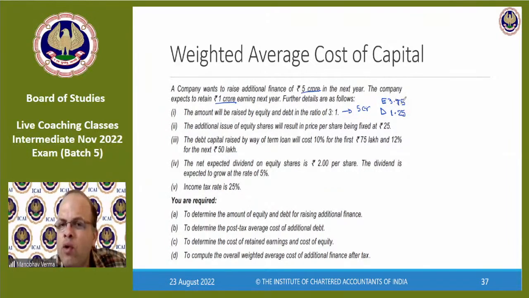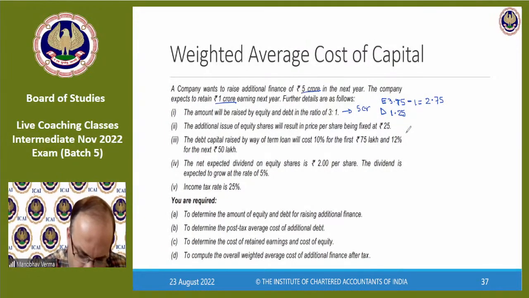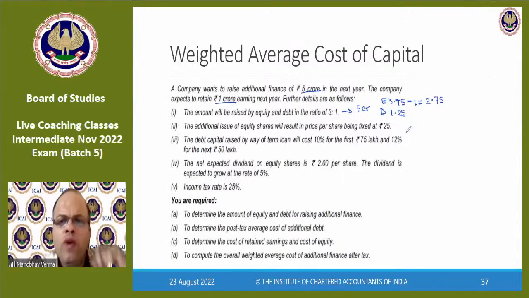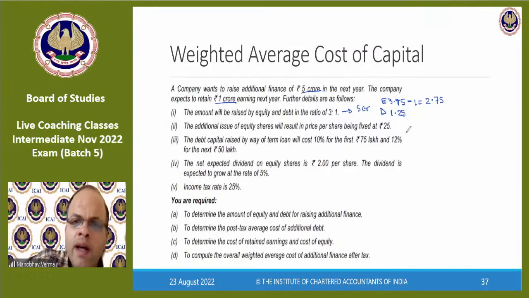And since you have already got retained earnings of 1, we are looking at 2.75 of equity and 1.25 of debt. Am I correct? Aditi, I hope you now got it. So equity will be comprised of 2 factors, 2.75 fresh equity and 1 crore of retained earnings. What I did was allocate the 5 crore based on 3:1. So we get equity 3.75 and debt 1.25.